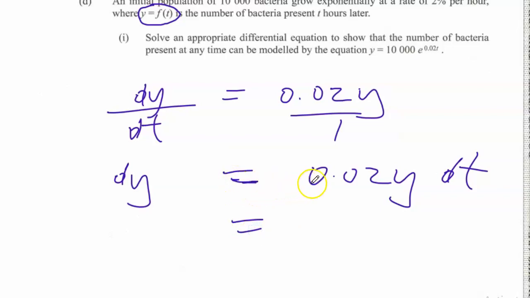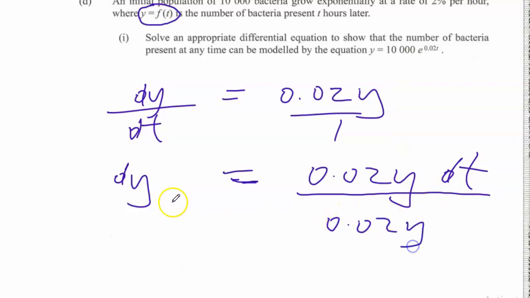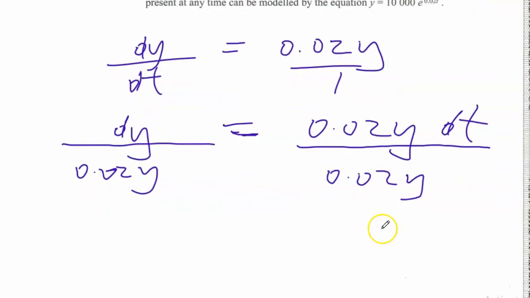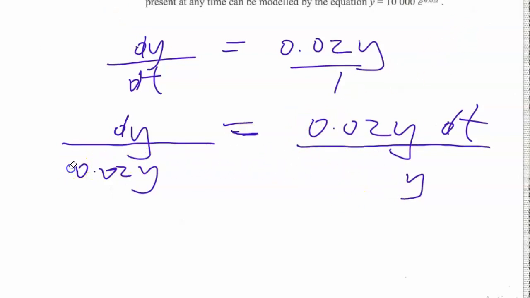Now group the y. Let me actually divide both sides by just y, since I want y by itself here.